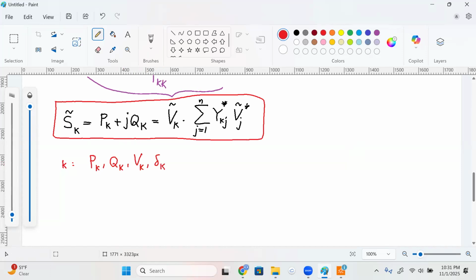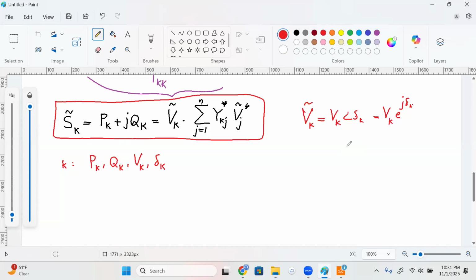Remember that when I show this as Vk tilde, it's going to be the magnitude and phase angle, or you can show it in an exponential fashion, V of k, e to the power of j delta k. So I have four variables corresponding to every bus k. These are generally unknown.